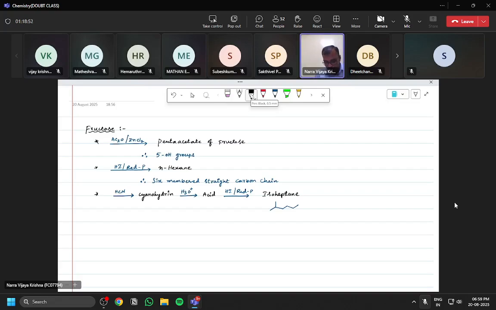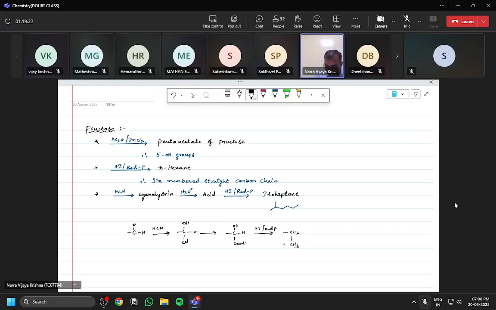If it is an aldehyde group or a keto group, on adding HCN, what happens? CN minus will attack here, this converts into OH. So I got OH here, I got CN here. Then it will convert into carboxylic acid. This on reduction with HI and red phosphorus, both these groups convert into alkanes. This is what should happen.